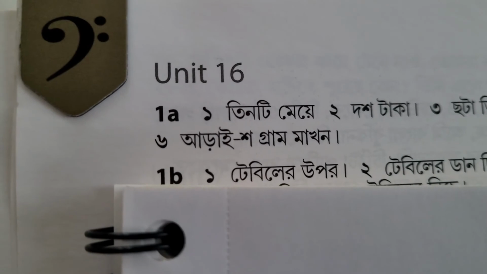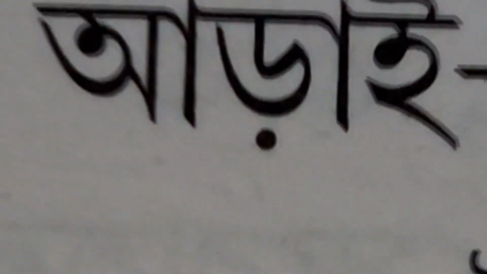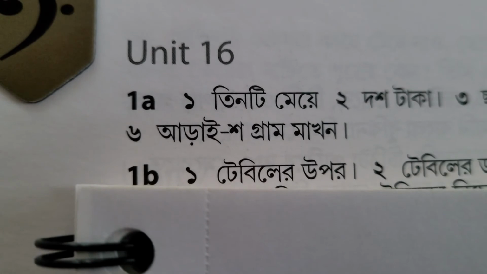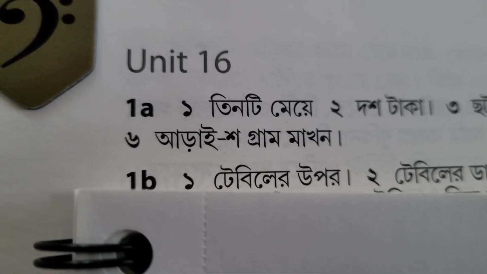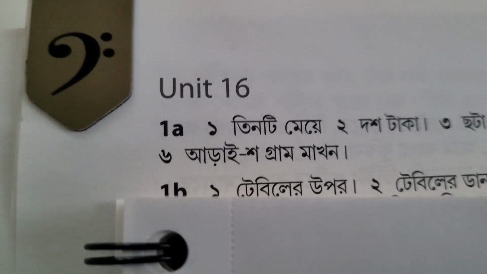No. The crucial dot, you can see I'm out of practice. Dot means it's an R. So, arai sho gram makon. Arai sho. So it was 250 grams of butter.